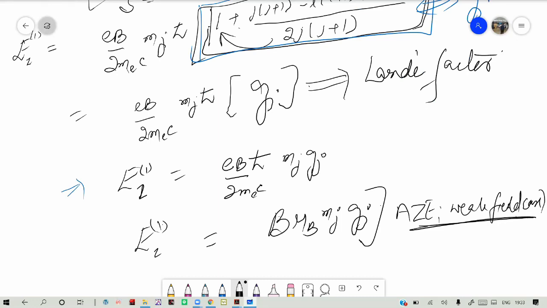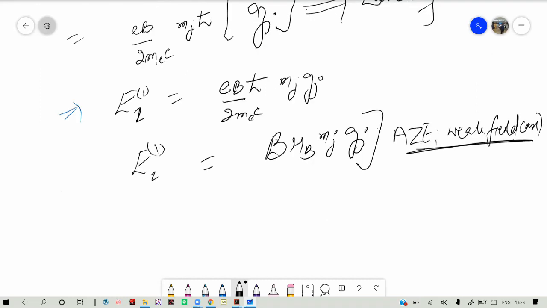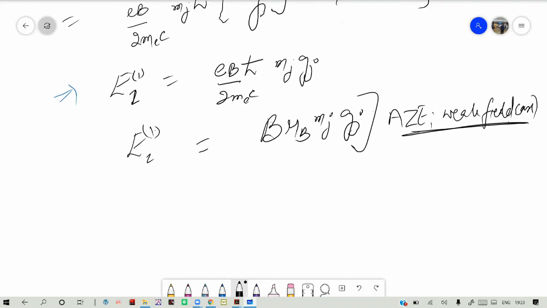This is a final expression, and we can modify it further to get more defined results.